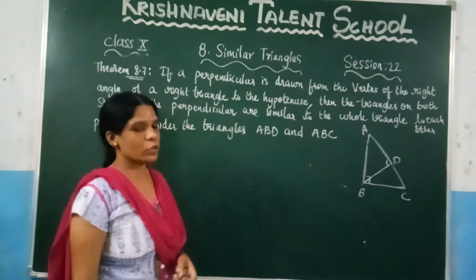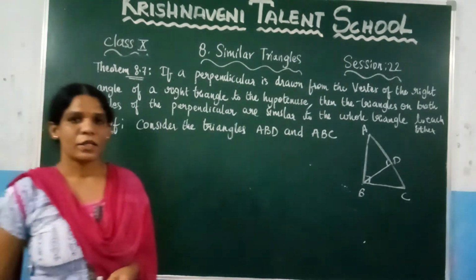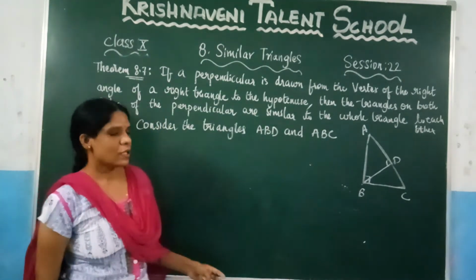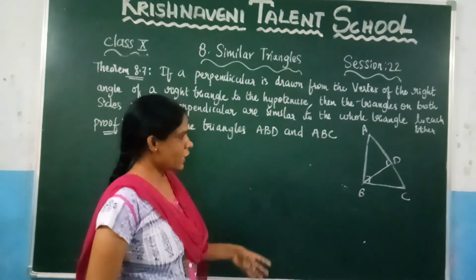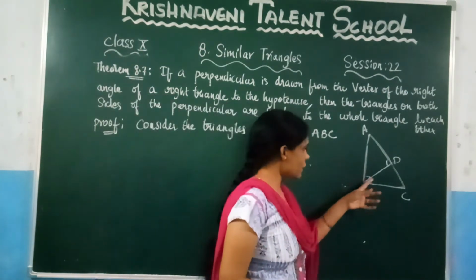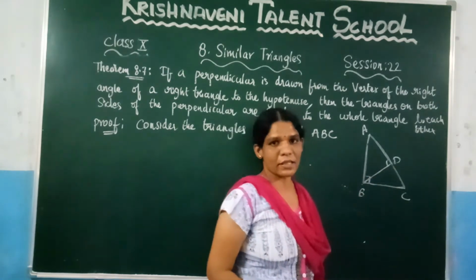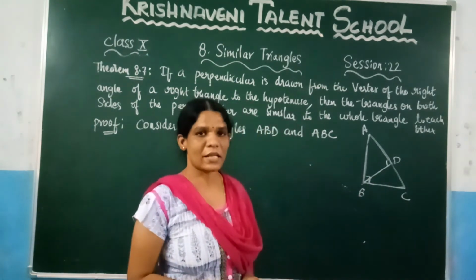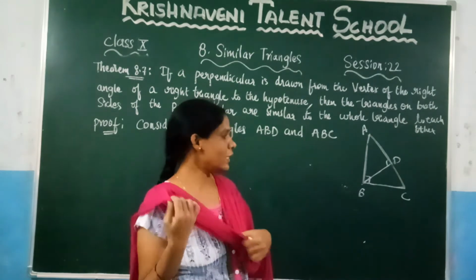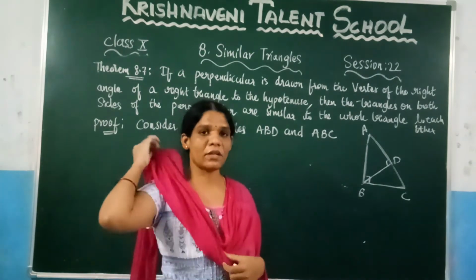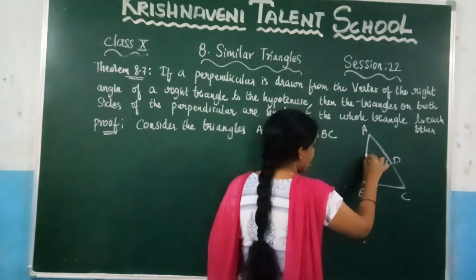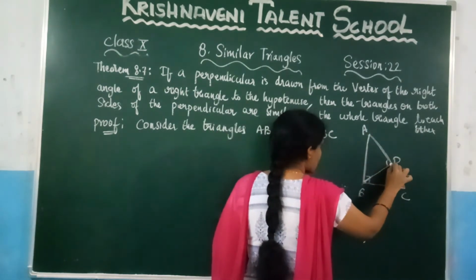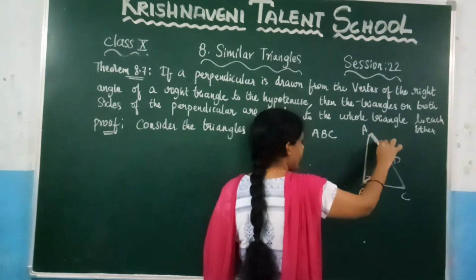So if you want to prove these two triangles are similar, you need to apply here any of the similarity criteria. Since here we know that here in these two triangles here, you got it here, two of the angles are equal. So you can go for the angle-angle similarity. Let us see here which angles are equal in these two triangles. Now, if you consider here this triangle, the smaller triangle, what is the right angle here?